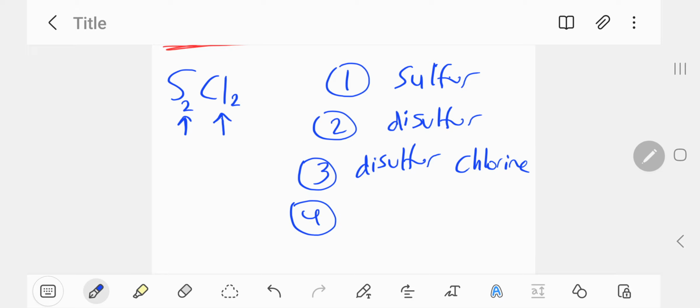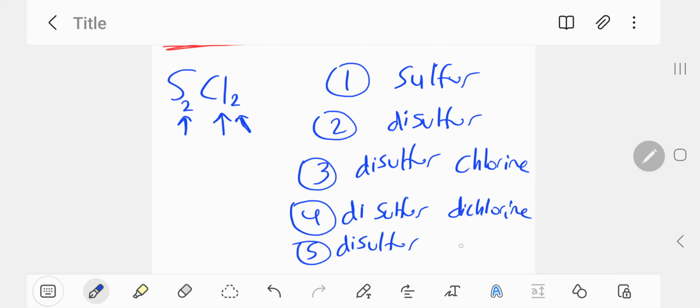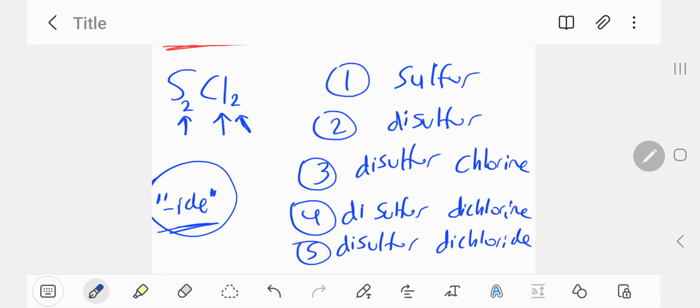Step 4, write down the prefix that goes with the chlorine, which is 2, so it's di, so it's disulfur dichlorine. As I mentioned, chemists like to have specific names. The chlorine, replace it with chloride: disulfur dichloride. Always remember the ide. For covalent compounds, even ionic compounds, as we'll see later, it's ide. So disulfur dichloride.